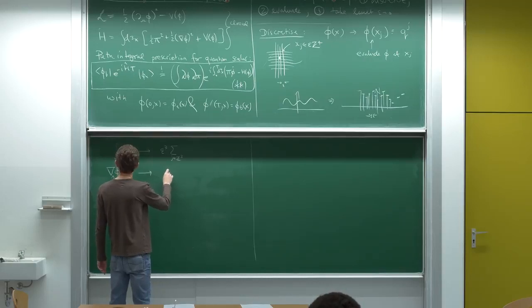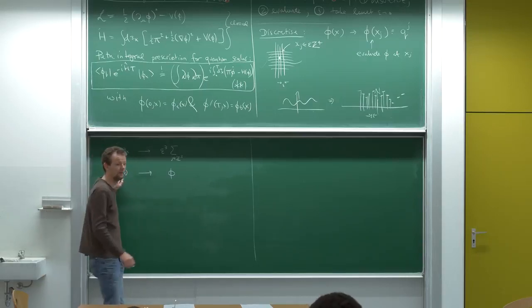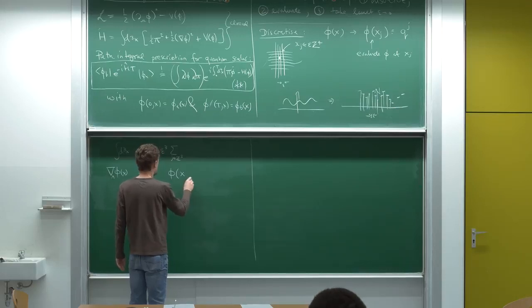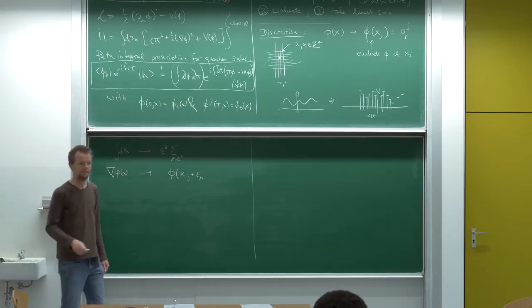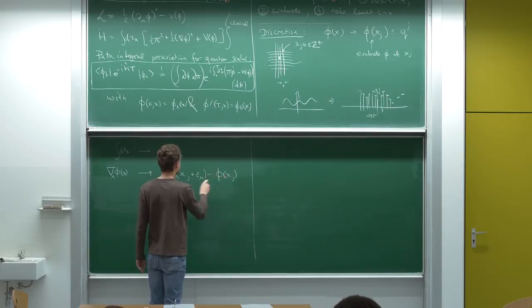And so one way of discretizing this, and it's by far not the only way to discretize this derivative, but it already gives pretty good results, is you take xj and you add onto it a unit vector pointing in direction mu of length epsilon, and then you divide by the length of that unit vector.